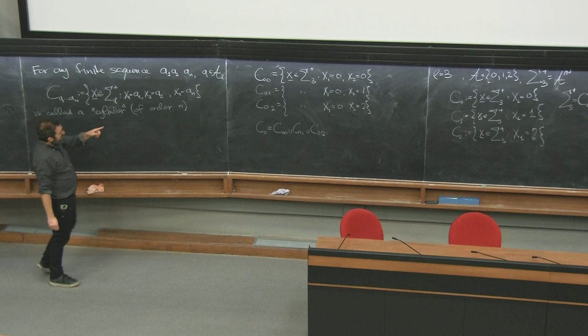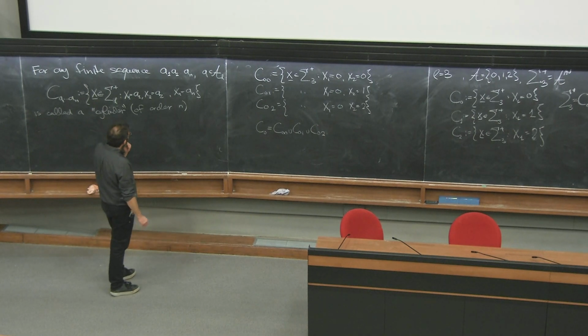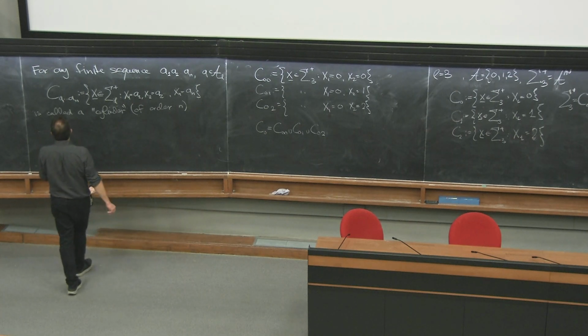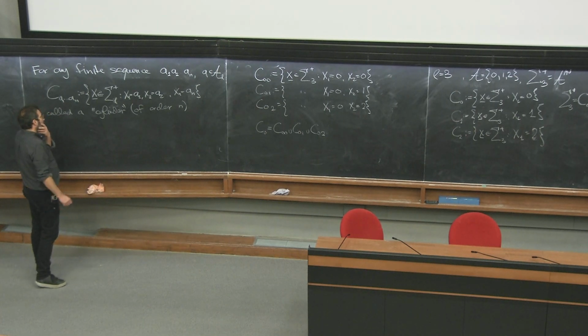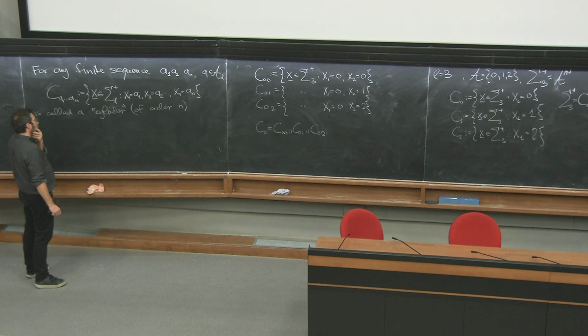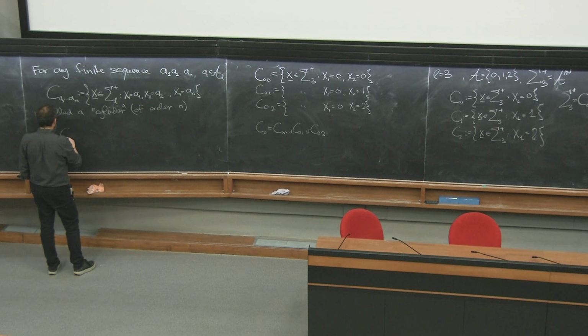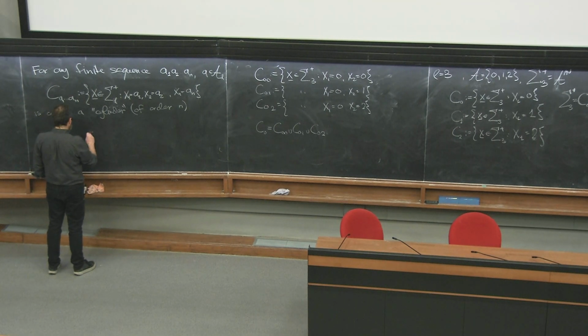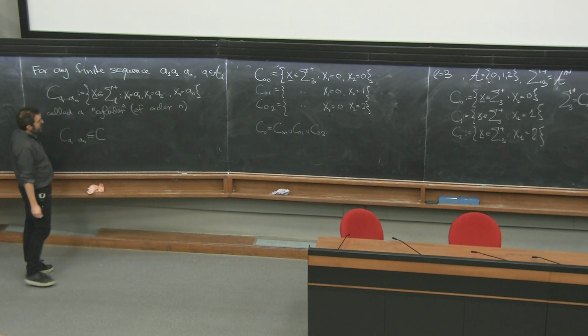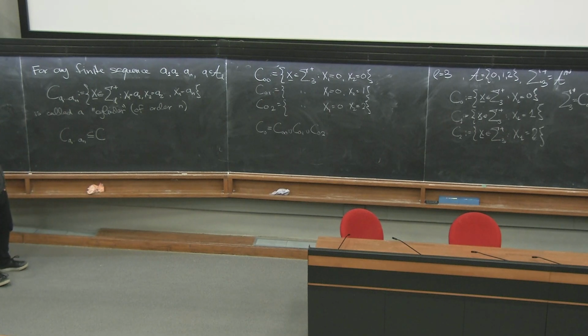Notice that these sets are nested. If we have C(a1 to an), it is contained in what cylinder set of order n minus 1?